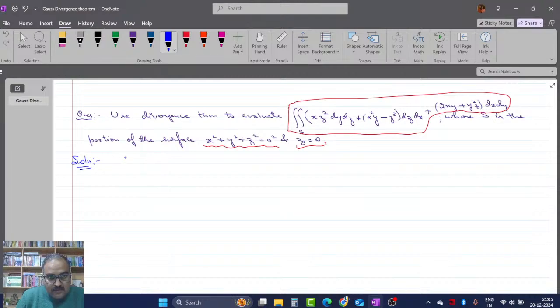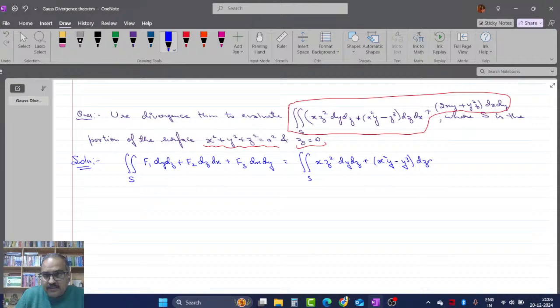We are having the surface integral over S of f1 dy dz plus f2 dz dx plus f3 dx dy, that is equal to, basically it is your given statement, x z square dy dz plus (x square y minus y cube) dz dx plus (2xy plus y square z) dx dy.